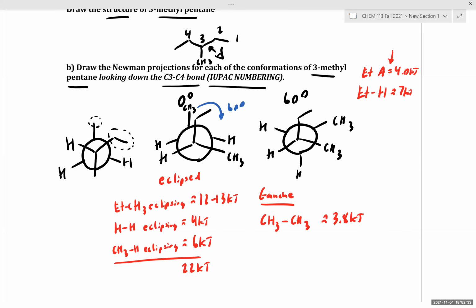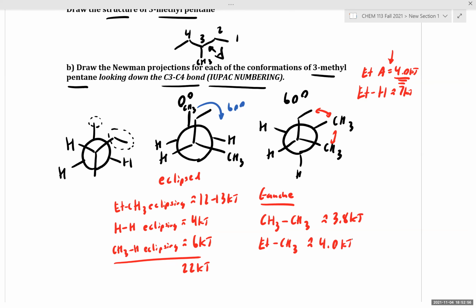Perfect. Okay, what other gauche interactions do we have? So we have the ethyl methyl. Yep, and what would the value of that be? I would roughly approximate the steric strain to be about 4 to 5 kilojoules. Based on the A value, it'd be 4. 5 is not an unreasonable guess.